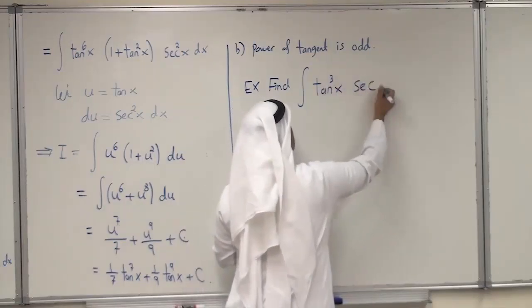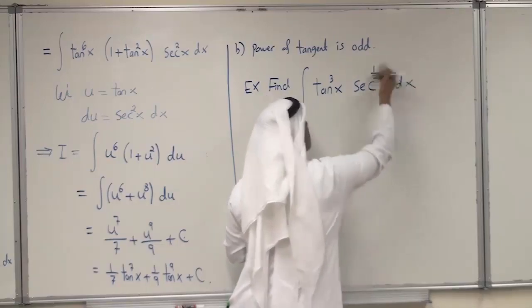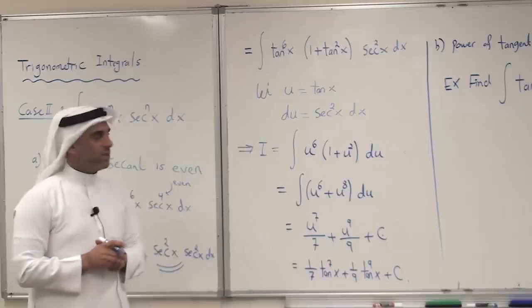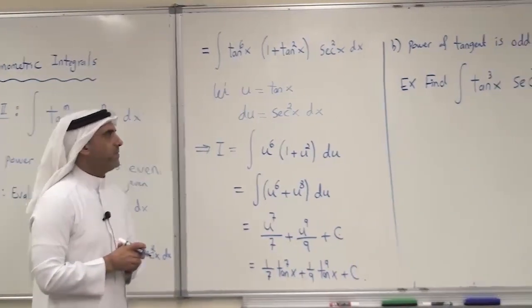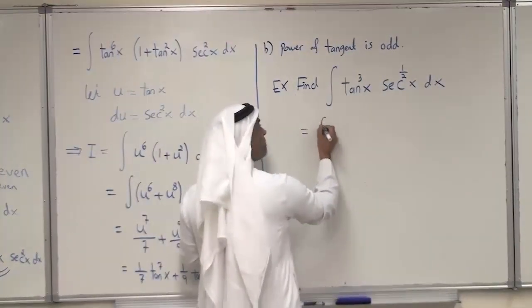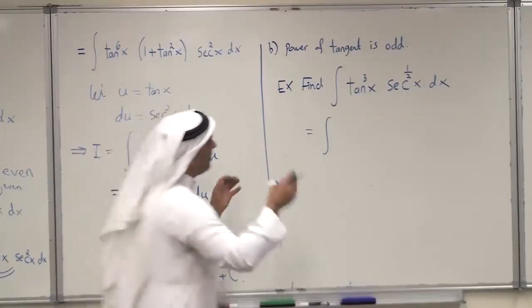Secant, I don't care. Maybe I can write it 1/2 of x if you like, dx. 1/3 minus 1/2, whatever. In this case, we have tangent with an odd power. The strategy says, if you need to integrate this one, the only thing you need to do is separate one secant, one tangent. Okay, fine.